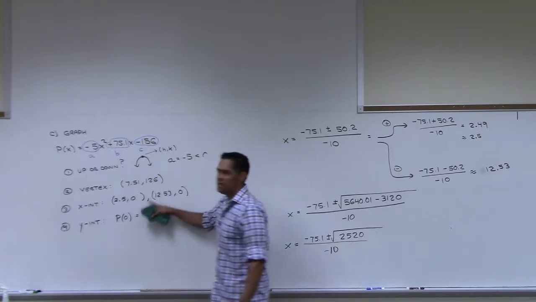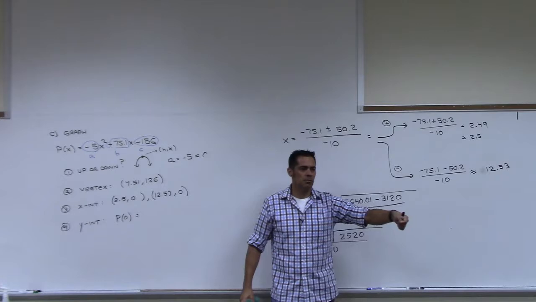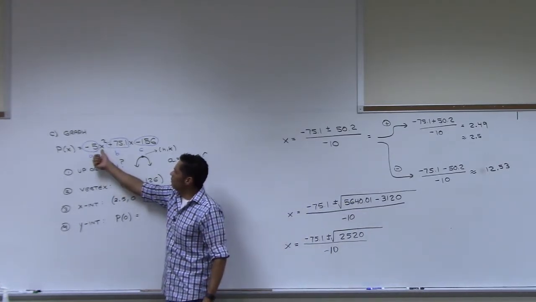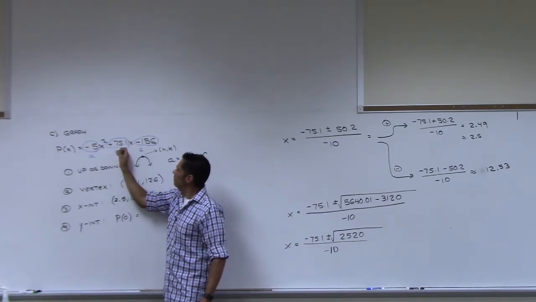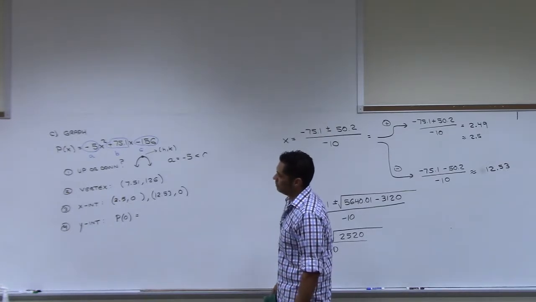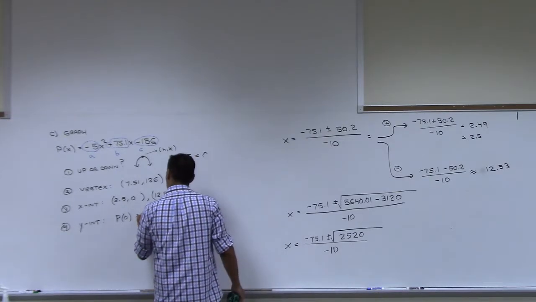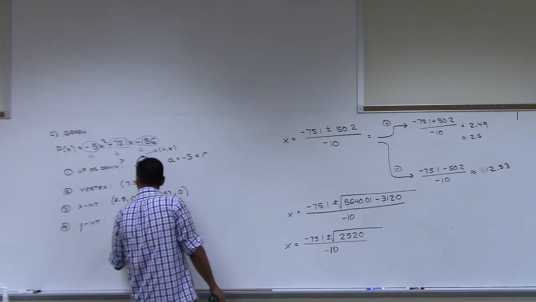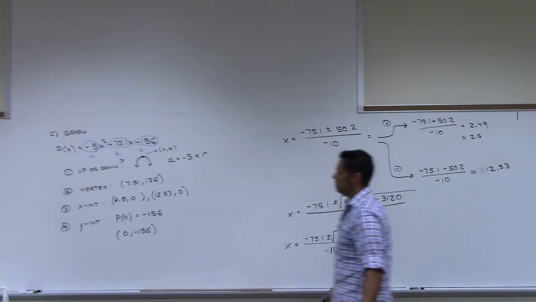This is always easier than the x-intercepts, because all you're doing is replacing x with 0 in the function. So what happens if I put 0 here? That's gone, right? 0 here, that's gone. So what do you get? Just this number, right? Negative 156. And so as a point, this is the point 0, negative 156. All right, there we go.